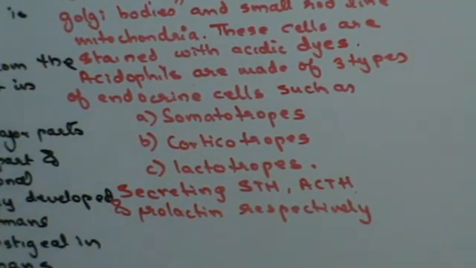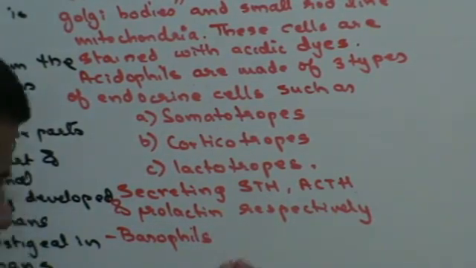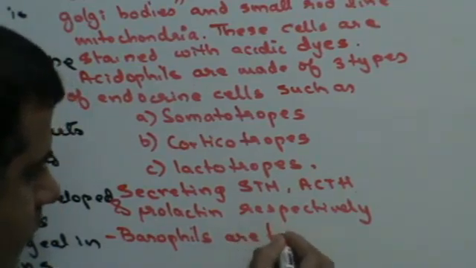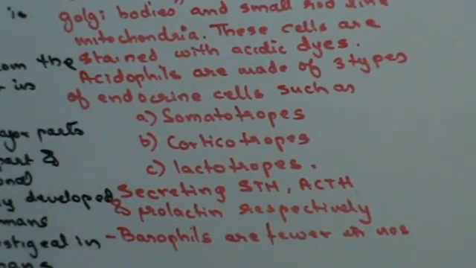Fine? So that was about acidophils. Next you have basophils. Basophils are fewer in number than acidophils.